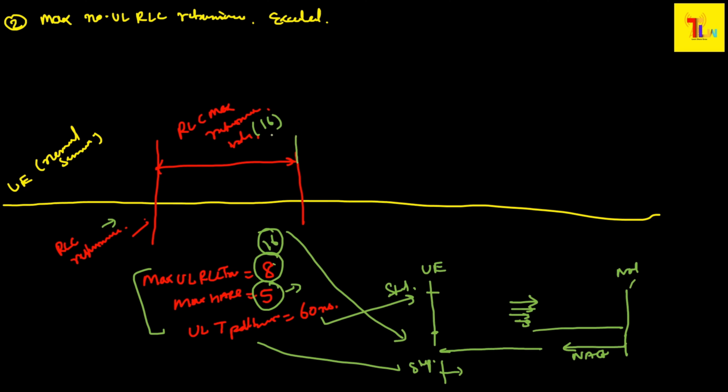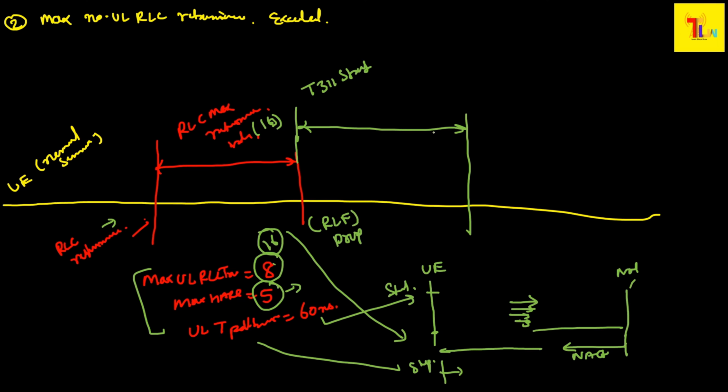then once it reaches 16, it will start the timer T311. At this particular time, when it reaches 16, it will declare RLF. Drop will happen, then the RRC re-establishment process will happen during this duration.